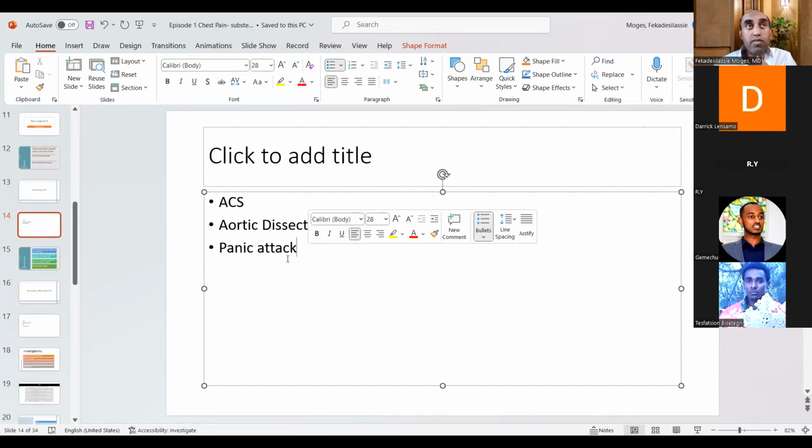Like I told you earlier in the presentation, if this patient was a young female with a similar history, panic attack could be considered, but he can still have a panic attack. He may be anxious, he's worried, he's in pain. But panic attack wouldn't explain the fact that the pain is radiating to the left shoulder, right? So that's a good argument. Yes. I love it.